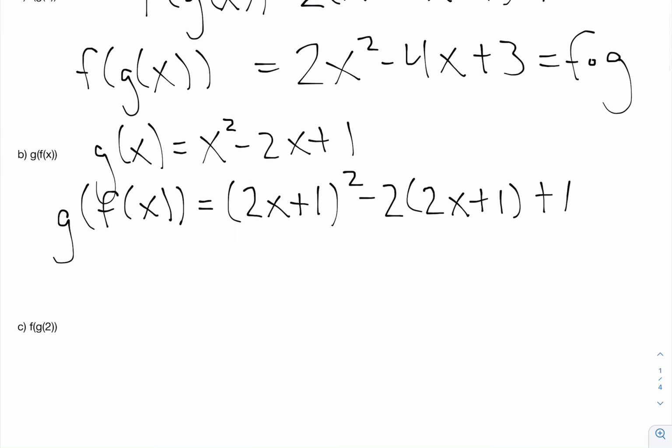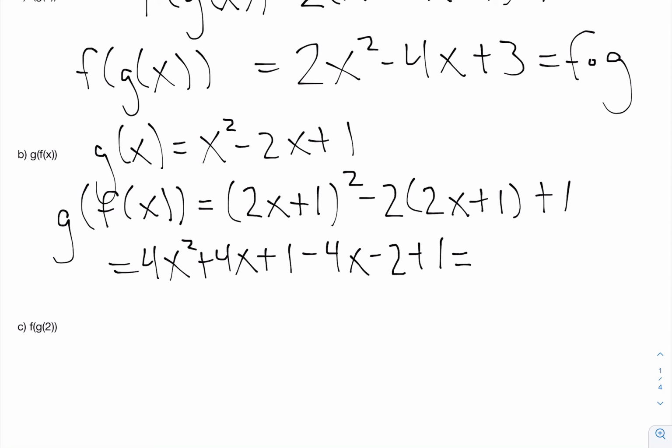So I'm just going to expand this out quickly. 2x plus 1 squared is going to be 4x squared plus 4x plus 1, and then we have minus 4x minus 2 plus 1.